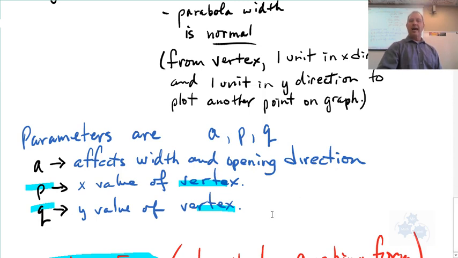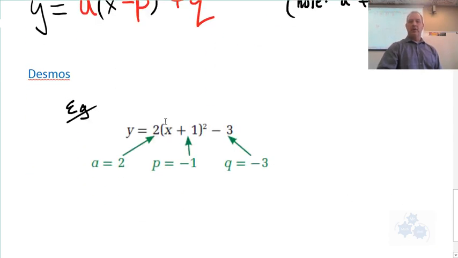Okay, let's take a look at an example. So here's an example of a quadratic function, and I've identified the a, the p, and the q in this example. So I want you to write this down, and I think there's at least one thing that I'm going to have to explain here.